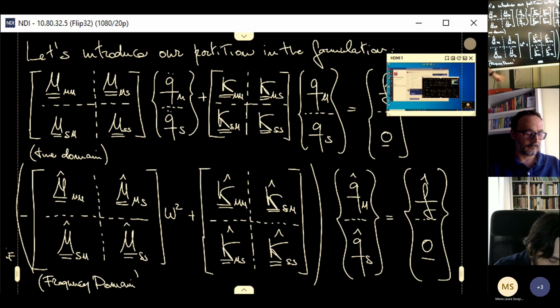So these are the typical equations of the dynamics of a structural system that we have seen plenty of times so far, no? In all of the courses that you have attended. Now we can rewrite.